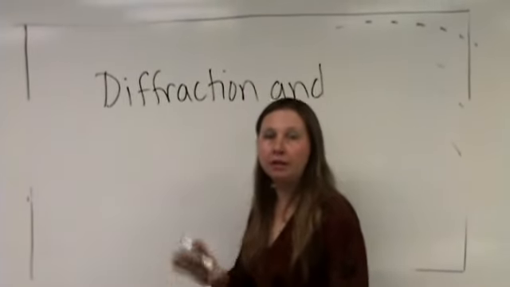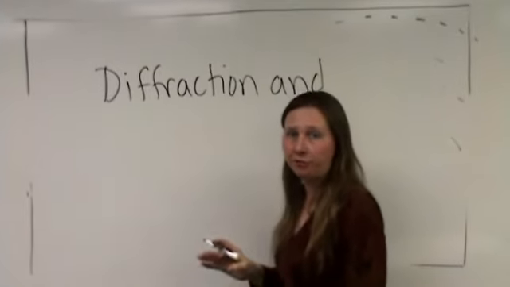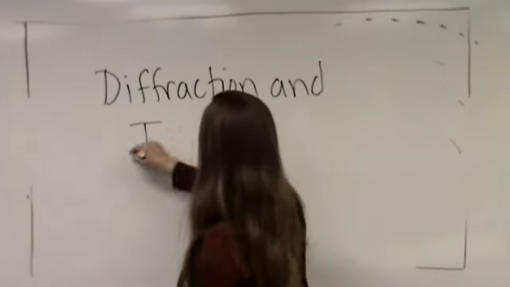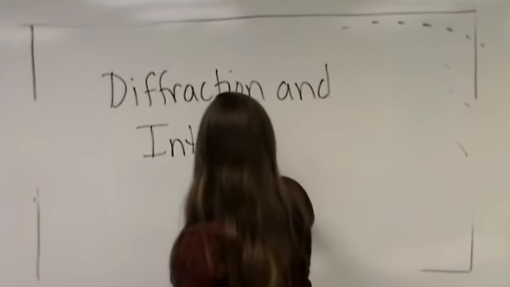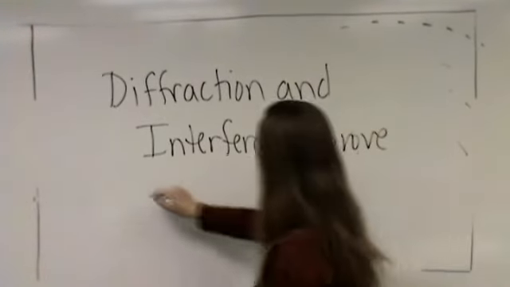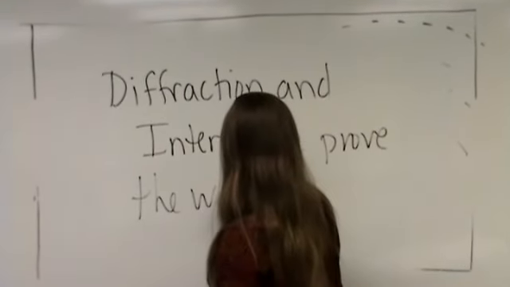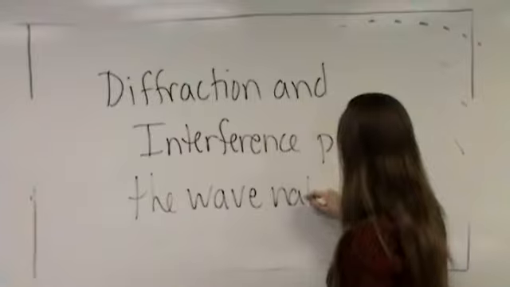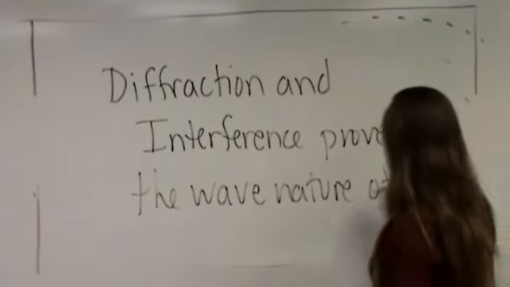And you can see, you can have diffraction and interference on the same diagram. Diffraction and interference prove the wave nature of light.